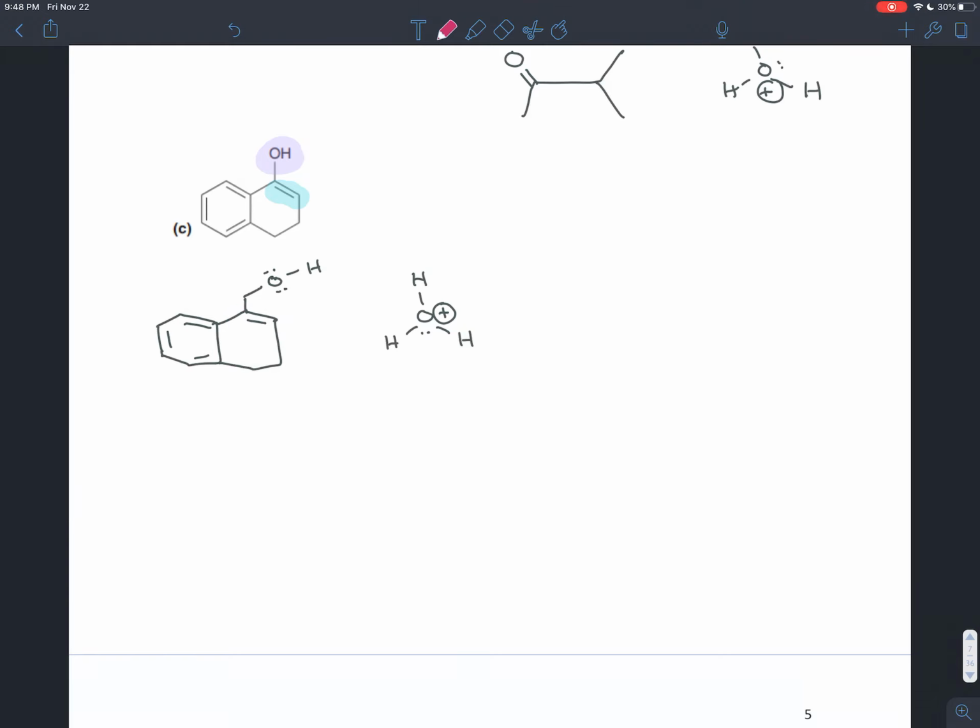So the alkene double bond can act as a nucleophile and attack one of these slightly positive hydrogens. These electrons in the bond, after all, have a negative charge, and the electrons in the bond can snap back onto the oxygen in hydronium and stabilize the positive charge there. So notice that that is a proton transfer.